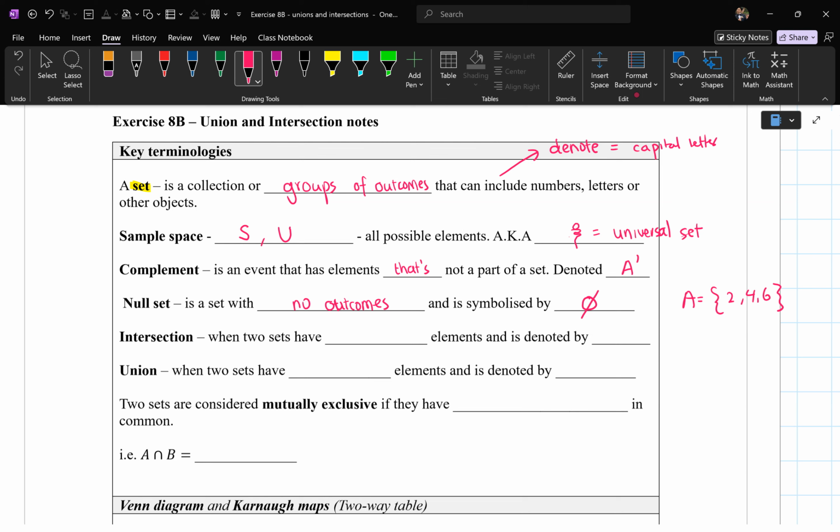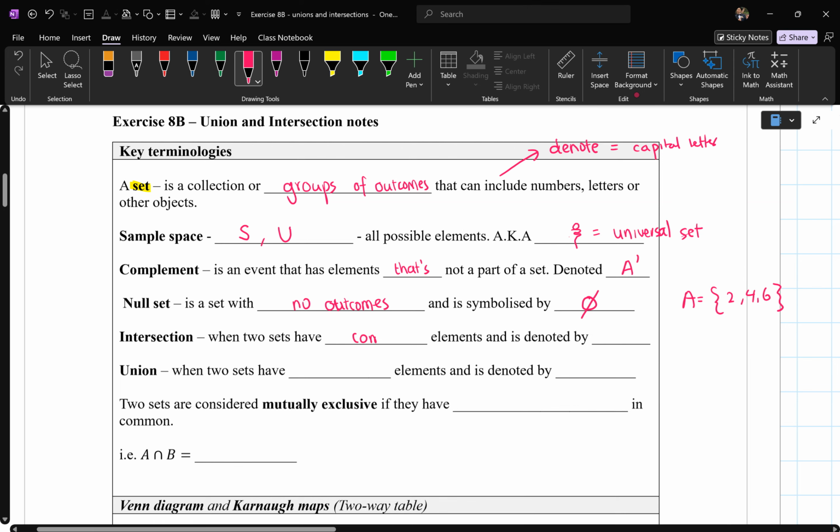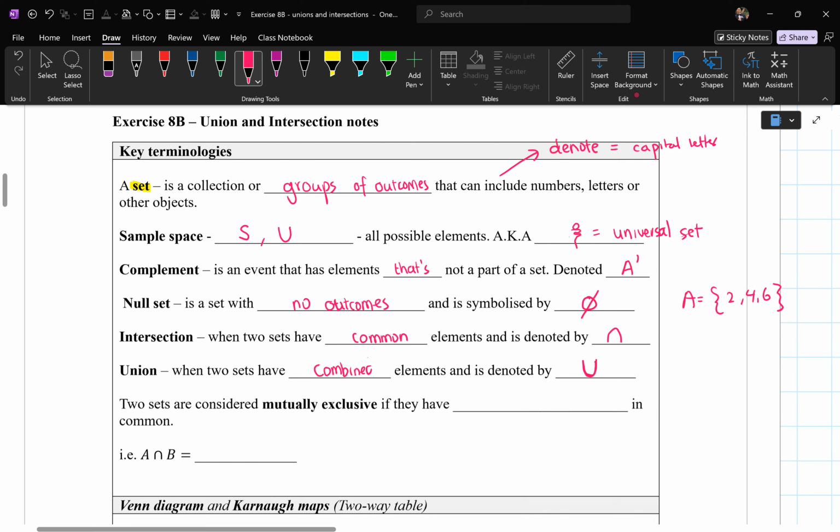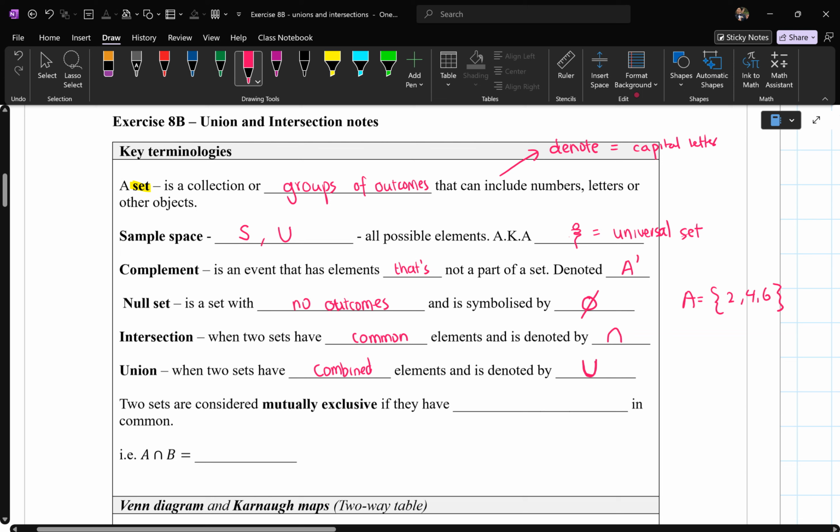An intersection is when two sets have common elements, and it's denoted with an inverted smile. Whereas a union is the cup shape, which is kind of like this U shape. It's when two sets have combined elements. I'll explain this soon. So these two are the key terms for today: intersection and union.